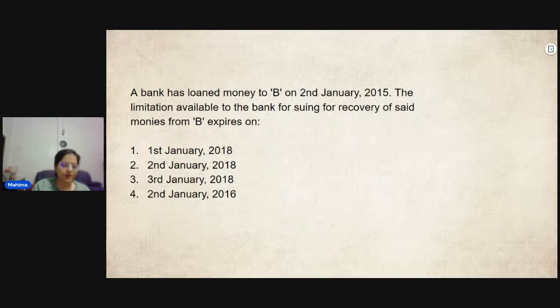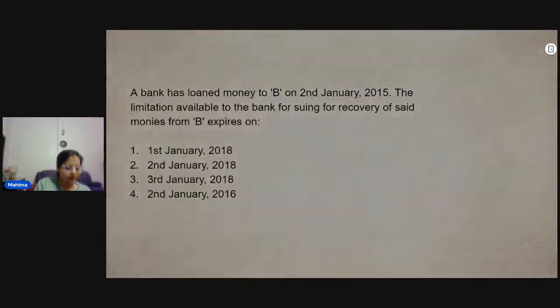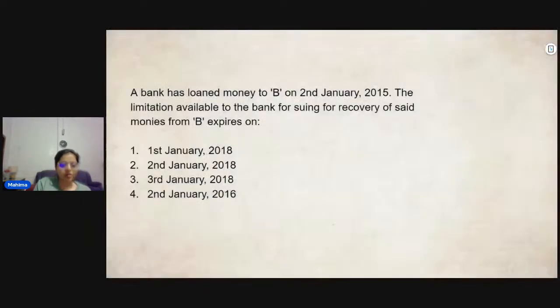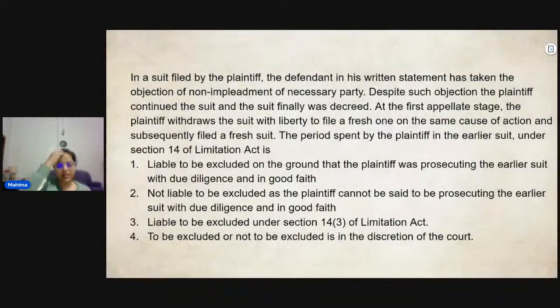I don't know what happened after the objection, but the official answer key marked it option number 1. According to me, also, it should be 3rd January, even if 1st January is a public holiday. Okay, let's move ahead.